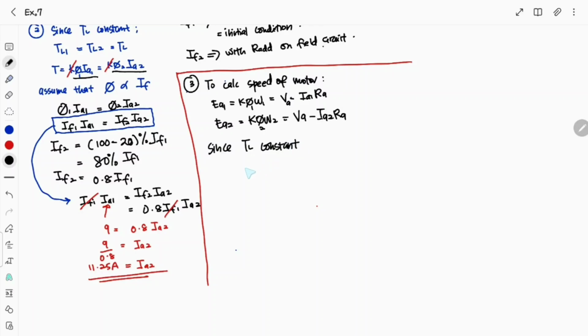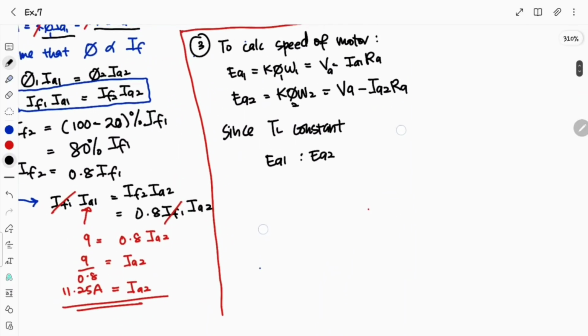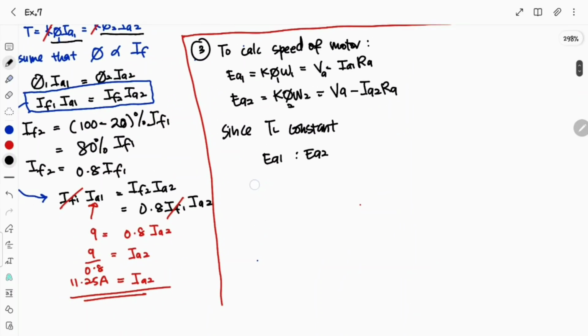You can make the ratio between EA1 and EA2 and expand the equation: Kv1 omega 1 divided by Kv2 omega 2 equals VA minus IA1 RA over VA minus IA2 RA.